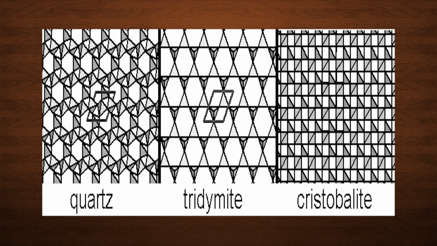The positive and negative charges are balanced. In silicates of this type, silicon in the structure is partially replaced by Al+3 and the combination is (Si,Al)O2. The substitution of Al+3 for Si+4 requires additional positive ions in order to restore electrical neutrality.